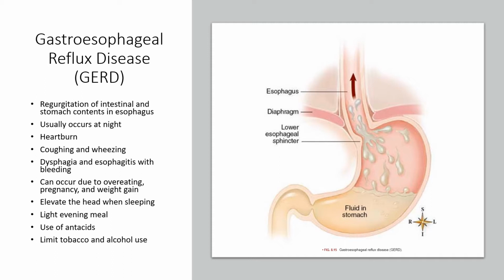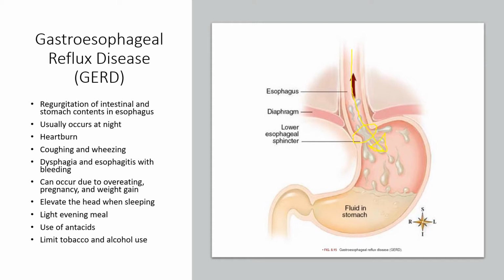The first gastrointestinal pathology that we're going to talk about is known as GERD, or gastroesophageal reflux disease. GERD refers to the clinical manifestations of regurgitation of the stomach and duodenal contents into the esophagus. We have these esophageal sphincters. This sphincter opens up when we are swallowing food, and it allows food to pass from the esophagus into the stomach.